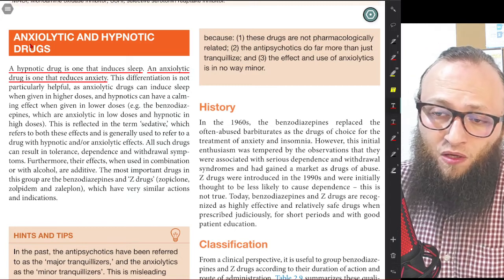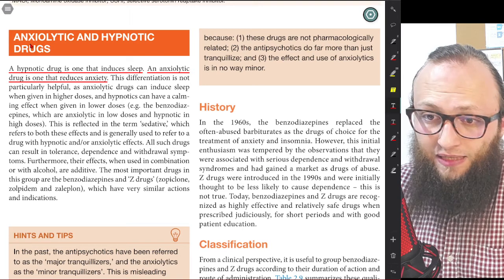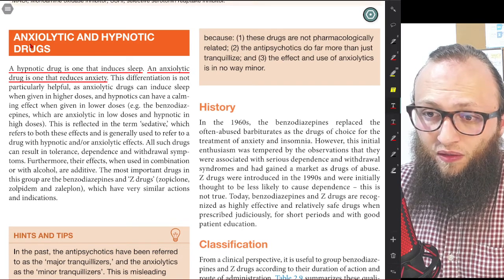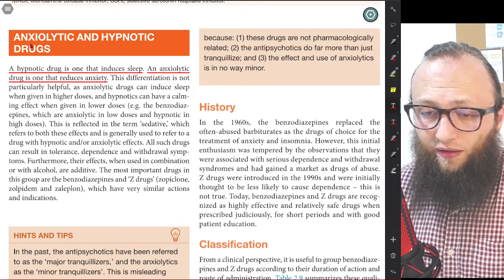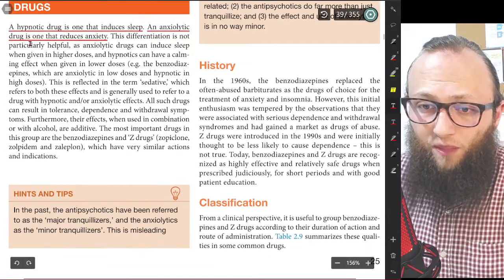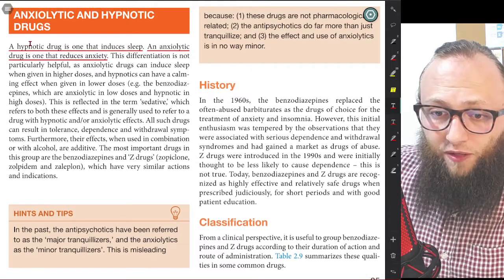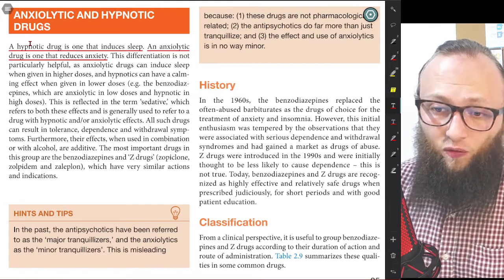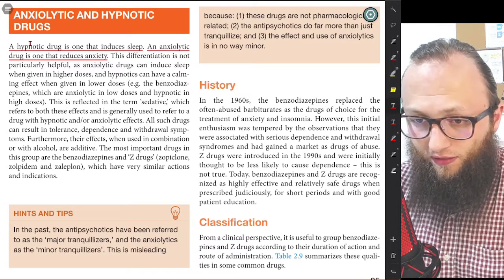The most important drugs in this group are the benzodiazepines and Z drugs, zopiclone, zolpidem, and zaleplone, which have very similar actions and indications. Here we have some tips. In the past, the antipsychotics have been referred to as the major tranquilizers and the anxiolytics as the minor tranquilizers.